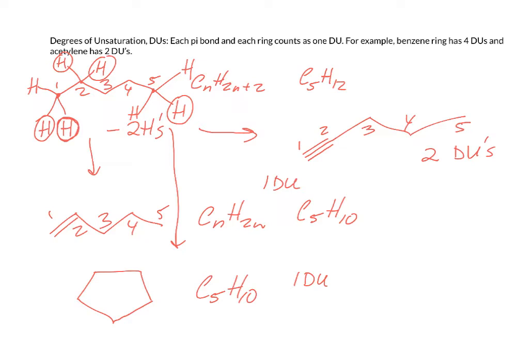My formula is now C5H8. 3 hydrogens over here, plus 2, 5, plus 2, 7, and an acetylenic hydrogen at the end. So again, each time we construct a pi bond or a ring, we introduce 1 degree of unsaturation.